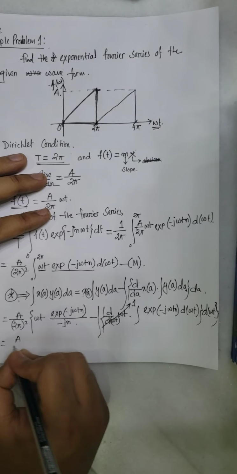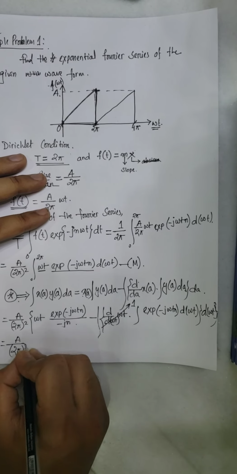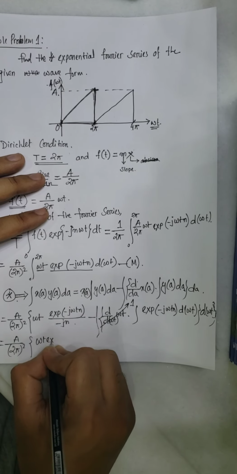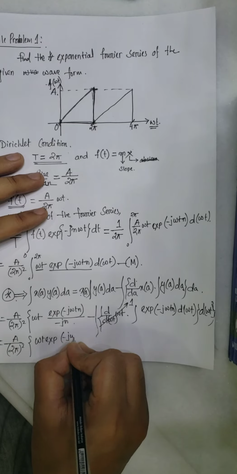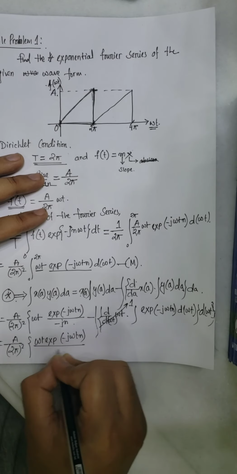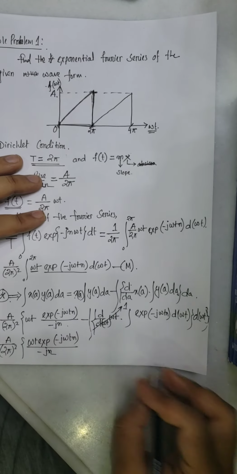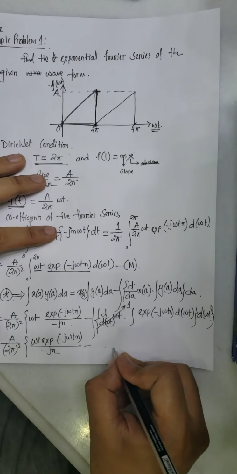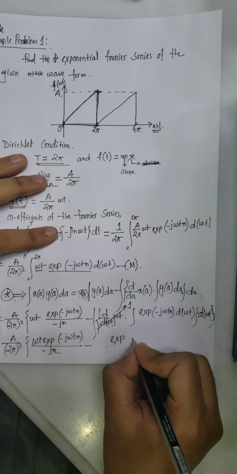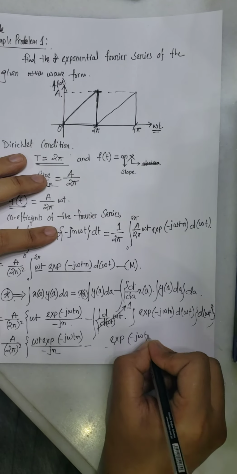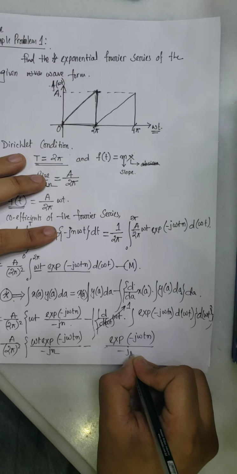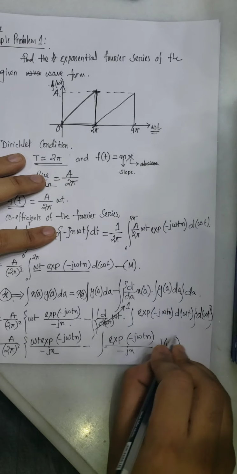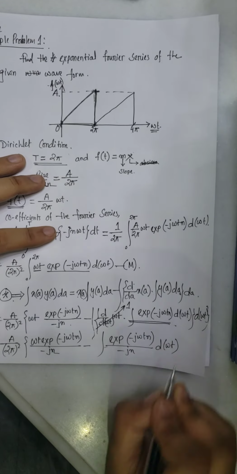Now this becomes A over 2 pi squared, omega t e to the power minus j omega t n over minus jn, minus this integral becomes e to the power minus j omega t n over minus jn d omega t. I have integrated only this part.